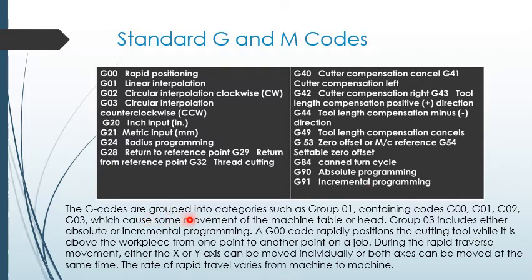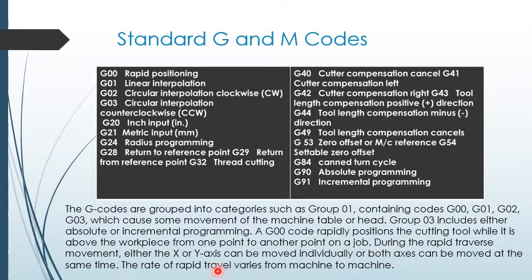The G codes are grouped into categories. One group contains codes G00, G01, G02, G03, which cause some movement of the machine table or head. Another group includes either absolute or incremental programming. The G00 code rapidly positions the cutting tool, while it is above the workpiece, from one point to another point on the job.